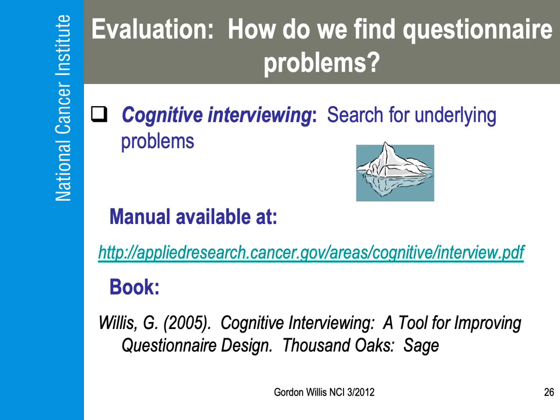I will only touch the surface of this technique, however, as it has its own fairly elaborate set of procedures and considerations. To find out more, there is an older but still useful training manual on the NCI website that's listed on this slide. For a full treatment, you can consult my book, Cognitive Interviewing, A Tool for Improving Questionnaire Design, which was published in 2005.